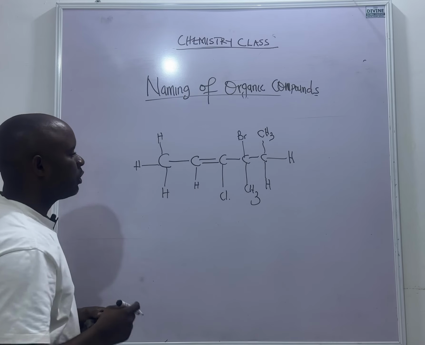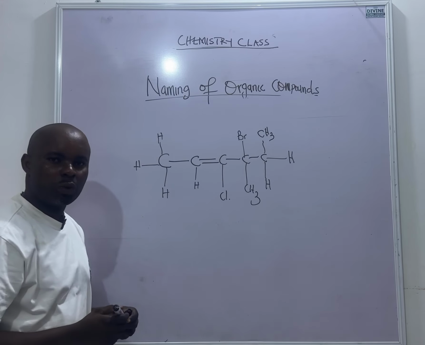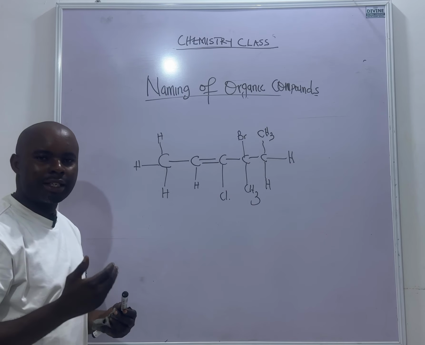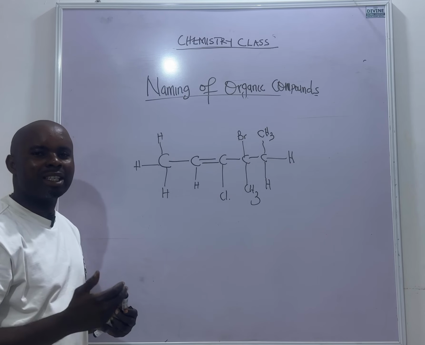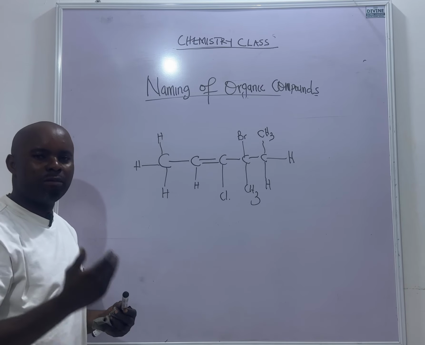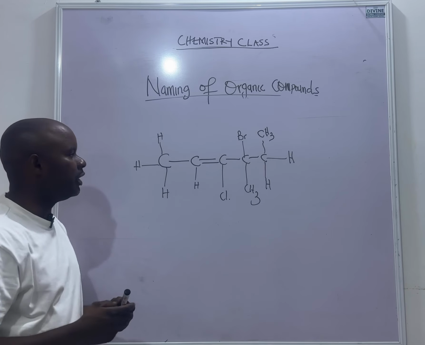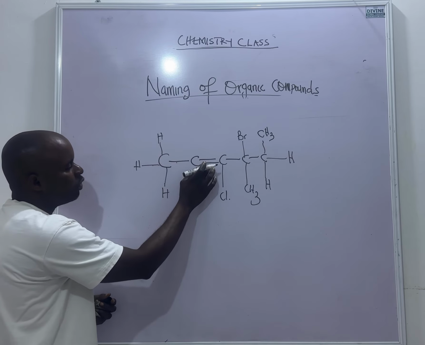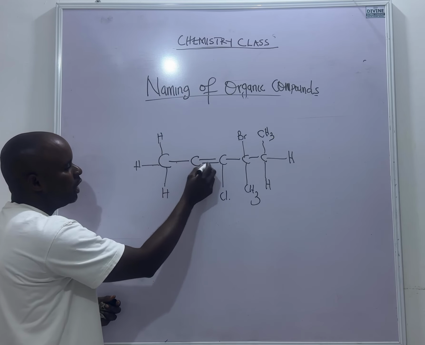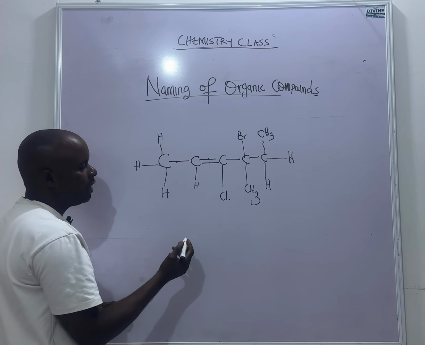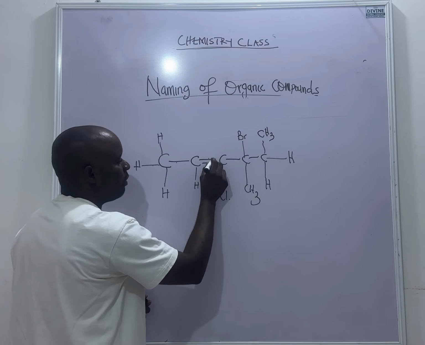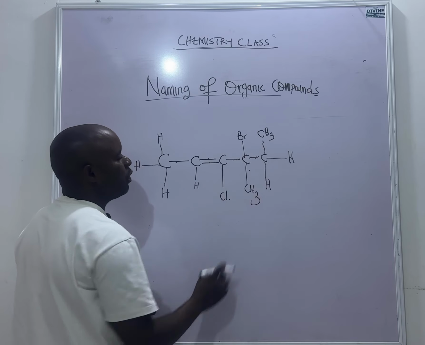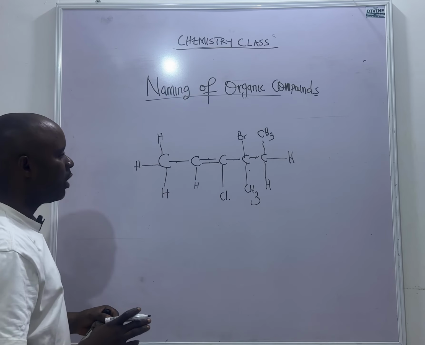If you are writing the structural formula of an organic compound, you must ensure that each of these carbons you are assigning hydrogen to must be bonded tetrahedrally. They should not have more than 4 bonds attached to it. If you check this now, we have 1, 2, 3, 4. When it comes to the double bond, you notice 1, 2, 3, 4, so that you will not make mistakes in writing the structural formula. Here we have 1, 2, 3, 4, 1, 2, 3, 4, 1, 2, 3, 4. So this structural formula is well arranged.